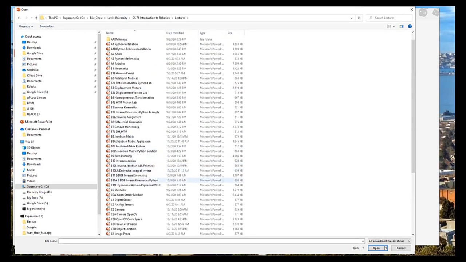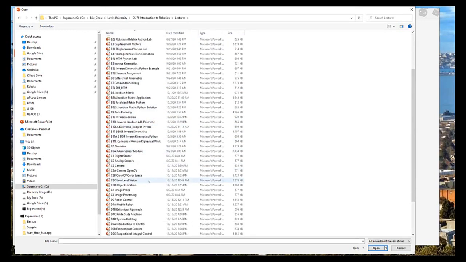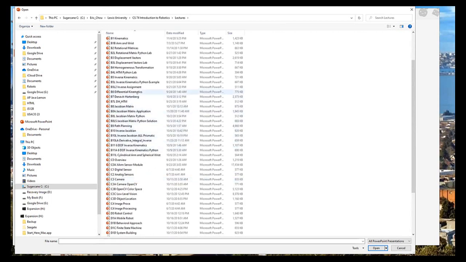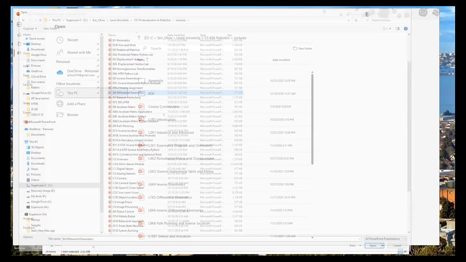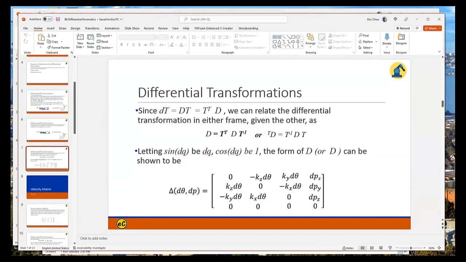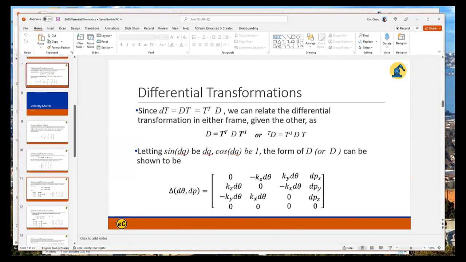Okay, let's go back into this differential kinematic. So the whole session is to prepare for your differential transform matrix, including the rotational part and the displacement part.